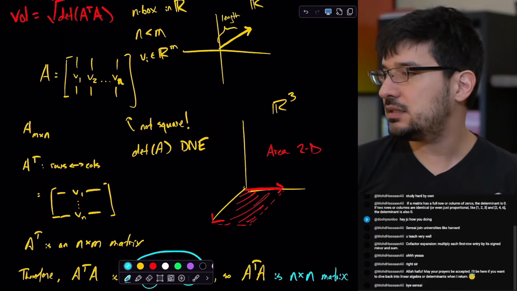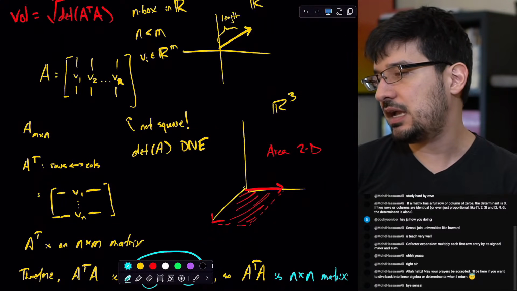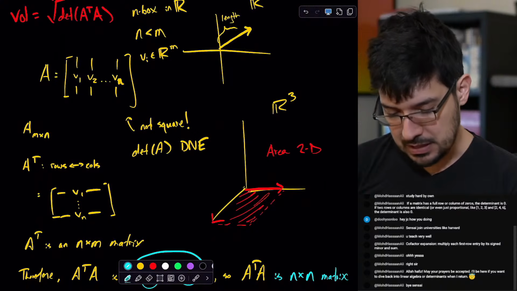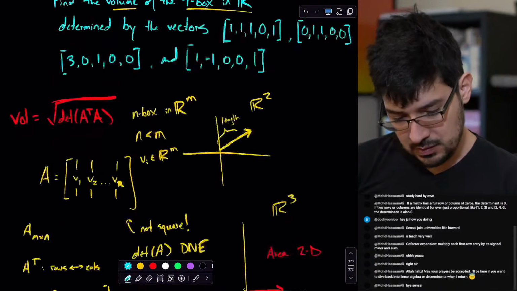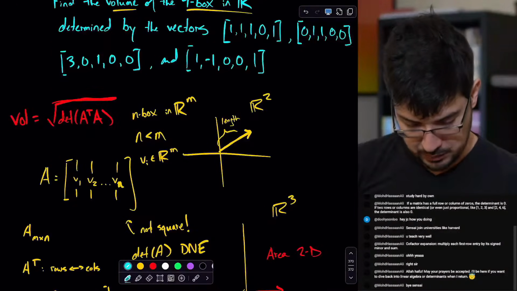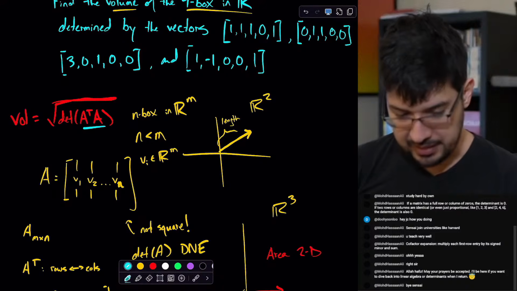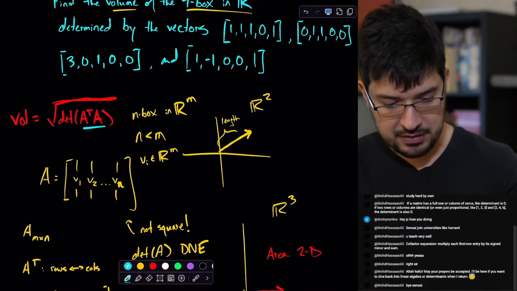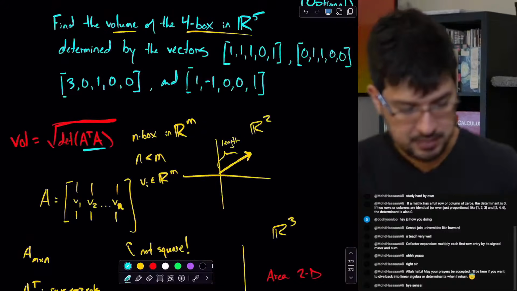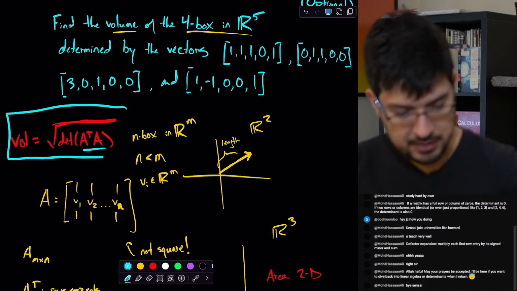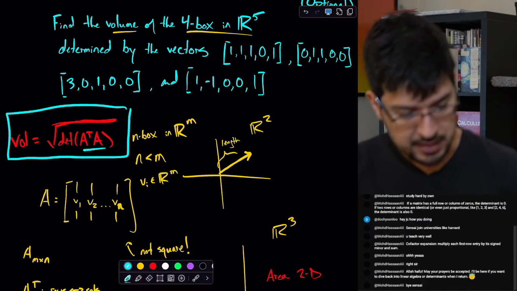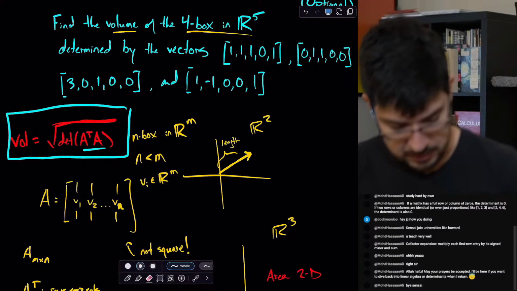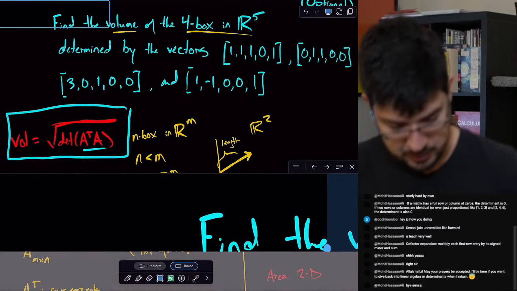Like, why does A transpose times A match the volume of that box? I don't know exactly, but at least we got a little closer to understanding this theorem, and I might take notes on this section after this, but I know that this is the theorem that we use in this case. So, enough of that.